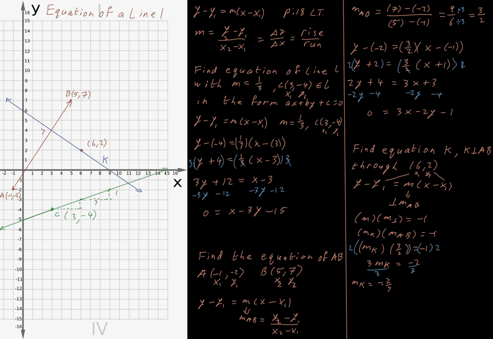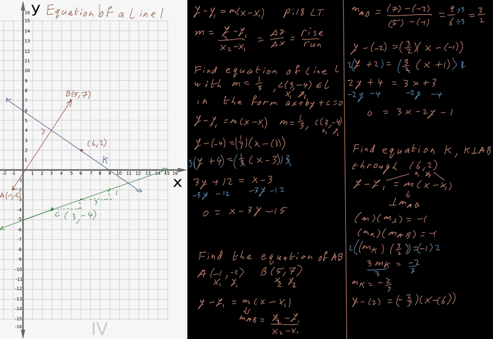And now all we have to do is sub into our line formula. So we now know all of our information. So y minus 2, from our point 6, 2, times the slope, minus 2 all over 3, on x minus 6.